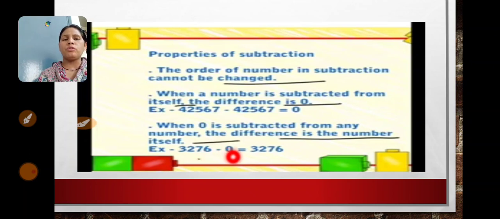Means if we subtract 0 from this number, then the answer will be the number itself. जो आपका नंबर है वही आपका आंसर भी होगा. So 2 properties you have to keep in your mind, that when a number is subtracted from itself, the difference is 0, and when 0 is subtracted from any number, the number remains unchanged.